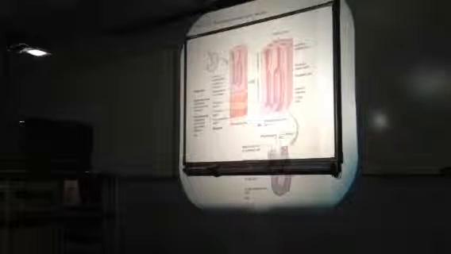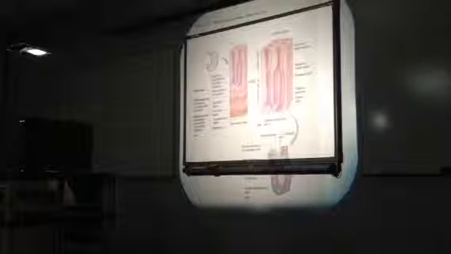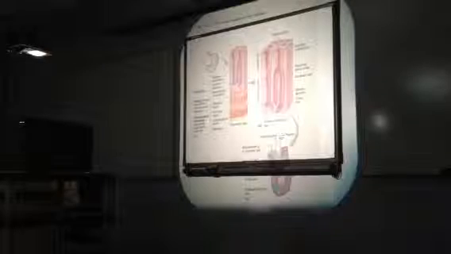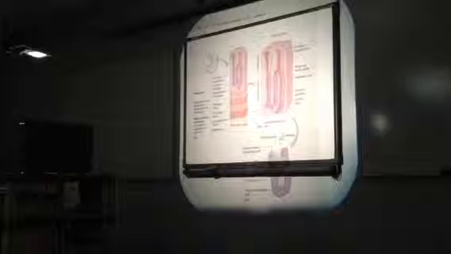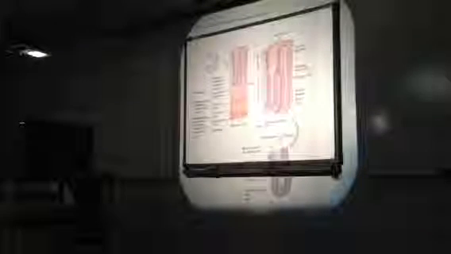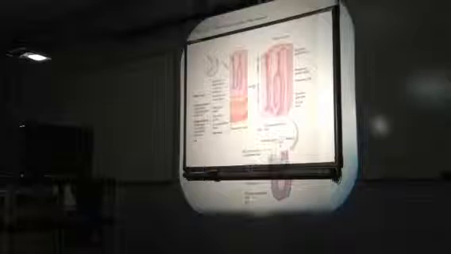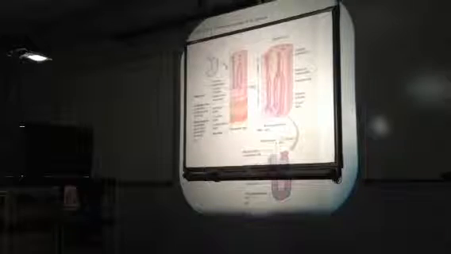Somatostatin is a hormone, and it's secreted by cells near the parietal cells. What it does is it inhibits the secretion of HCl, which is hydrochloric acid.